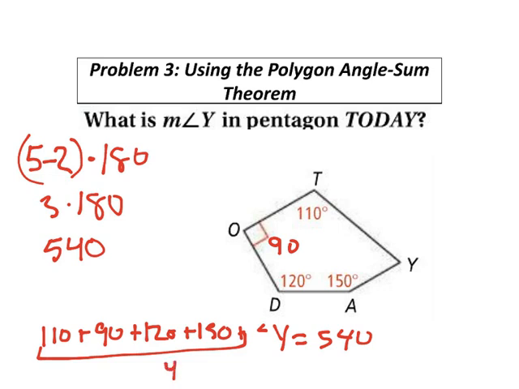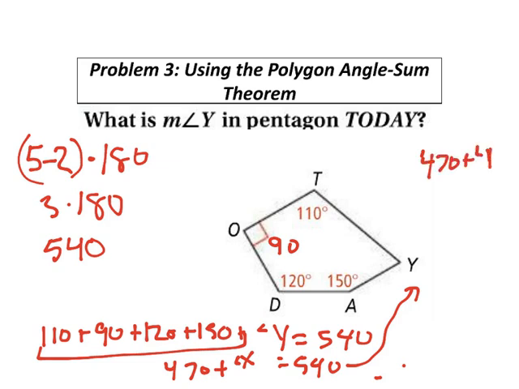That's 470 plus angle y equals 540. So 470 plus angle y equals 540, minus the 470, angle y should be 70 degrees.